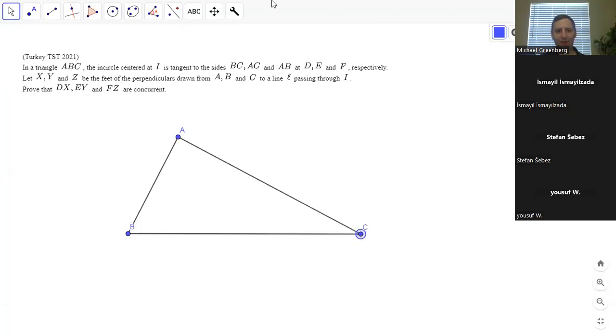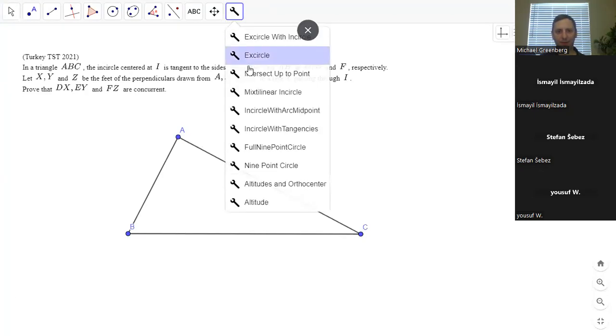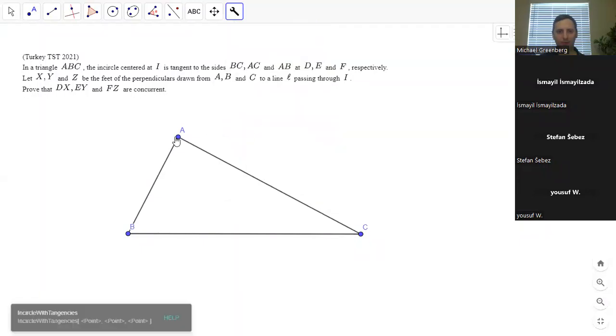So we have the incircle tangent at D, E, and F. I created a tool for this.